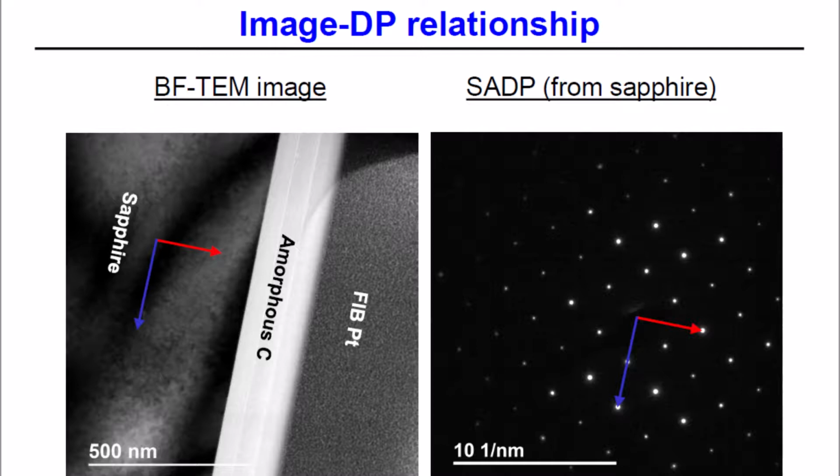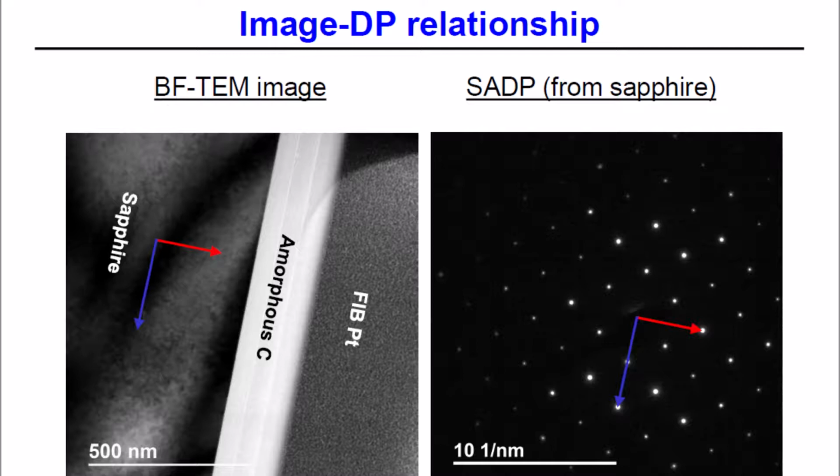On the right you see a selected area diffraction pattern that was taken from the sapphire. You'll also see in each of these images a pair of arrows, one red and one blue, to denote that they are different directions.